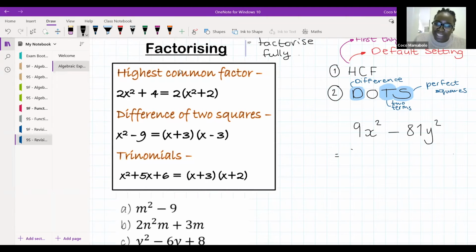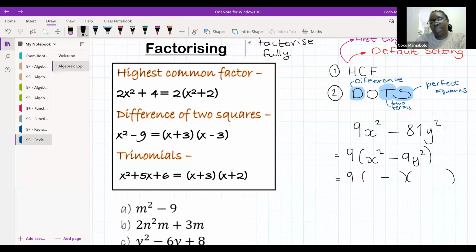So, ma'am, I factorized first and I took out 9, which is the highest common factor. I love it. If we take out 9, what do we have left? X squared and negative 9y squared. Beautiful. Now, what do I have inside the brackets? Ma'am, a perfect square. Beautiful. I have a perfect square. So what am I going to do? Ma'am, you're going to have 2 brackets. Beautiful. And one bracket is going to be negative 3 and in the other one, positive 3.